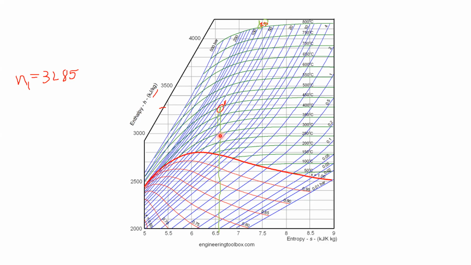That means after 25 bar, where the expansion ends, at this position I have to take the value of h2.